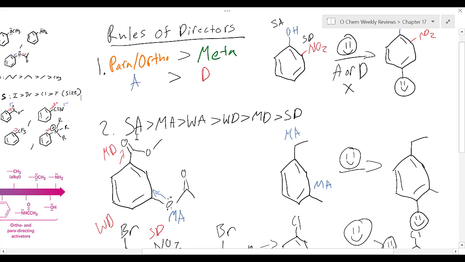Now let's say I have an ester as well as another ester. Now the reason why I gave this example is because I wanted to showcase that regardless of the ester and amide, they could be flipped where the carbonyl is directly attached to the ring and where the oxygen or the nitrogen is directly attached to the ring. Now depending on how it's attached depends on if it's an activator or a deactivator. If it's the carbonyl, it's going to be the deactivator because remember carbonyls have a partial positive here and a partial negative here.